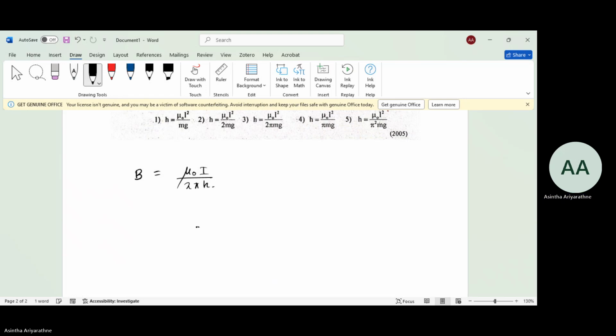Then consider the PQ. Very easy. Say L is the length of the PQ conductor.